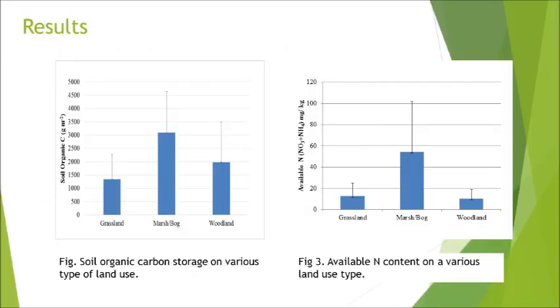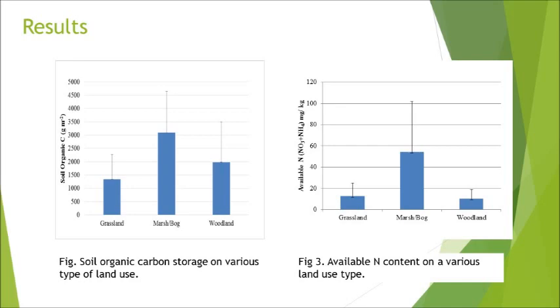Now, key findings. After having chemically analyzed, these results have been statistically analyzed using Microsoft Excel, and some graphs have been produced. In the result showing on the screen, we found that marsh has the highest amount of organic carbon storage as expected, while grassland has a relatively low amount of soil organic carbon.